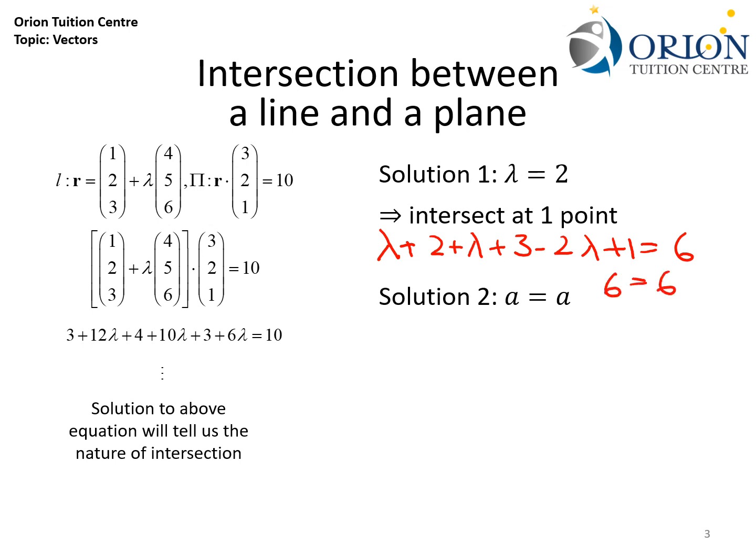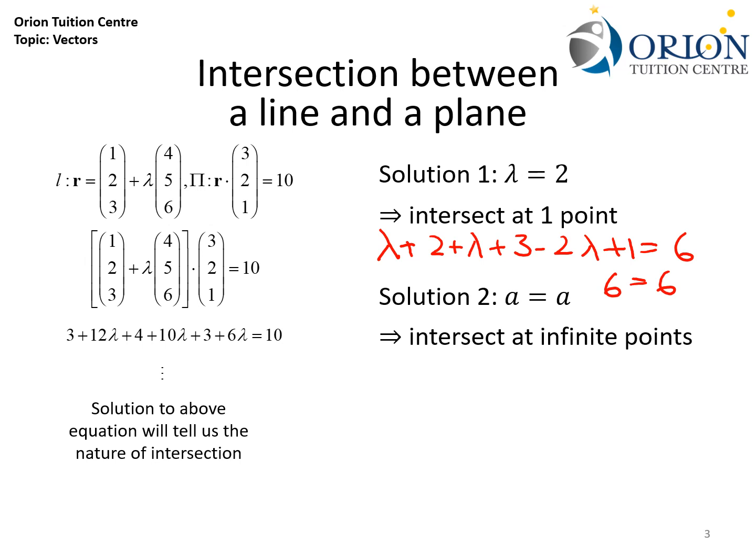Then this tells us that any value of lambda will satisfy the equation. Thus, all values of lambda are solutions to the equation, and the line intersects the plane at infinite points, or the line lies on the plane.